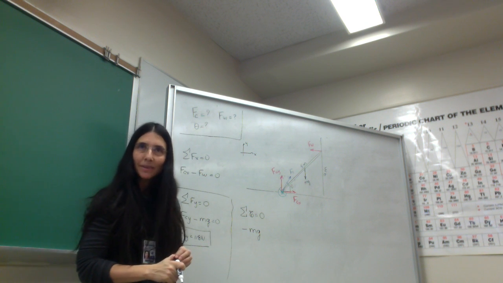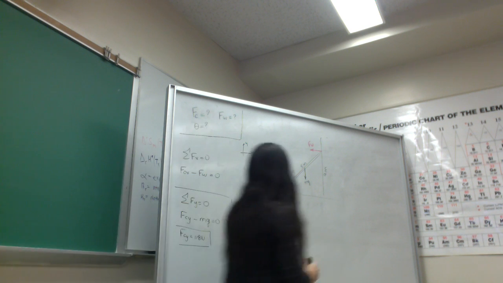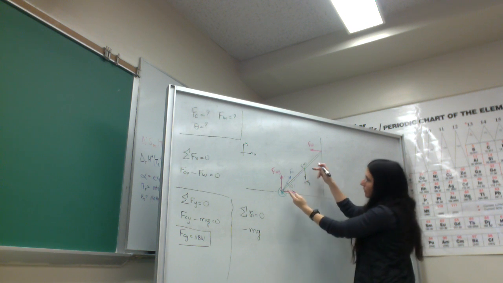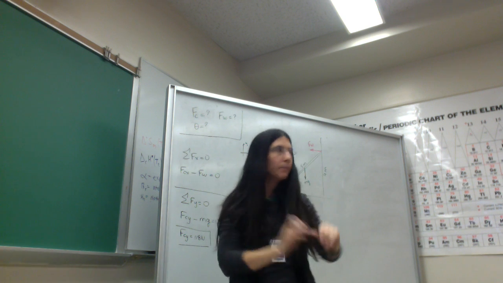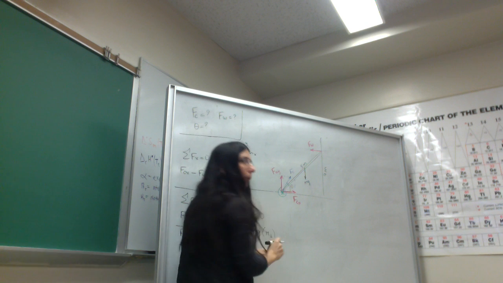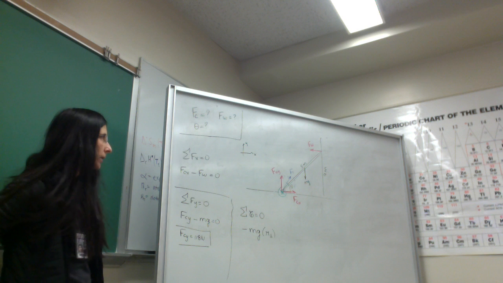It is not perpendicular, so either you will have to find this angle and put the mg perpendicular if you want to use this whole distance, or you will have to find what is the lever arm for this force. I'll put it like that and we'll think a little later. Let me just complete the whole equation.